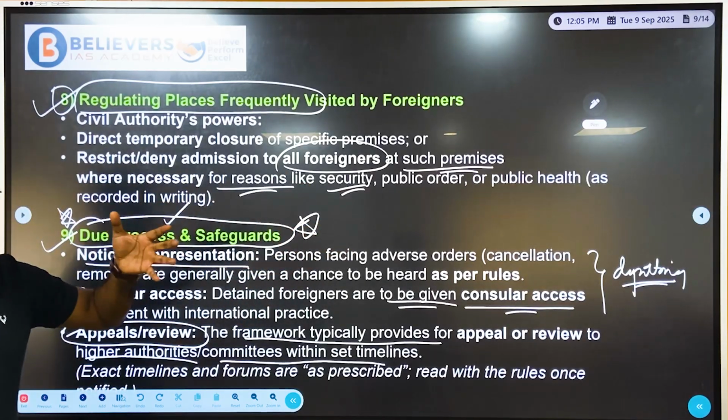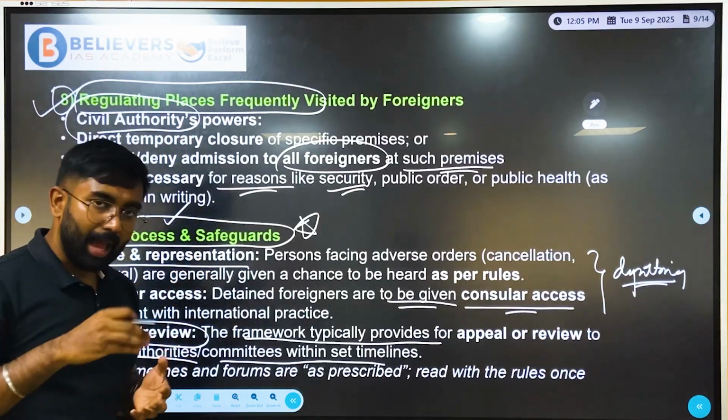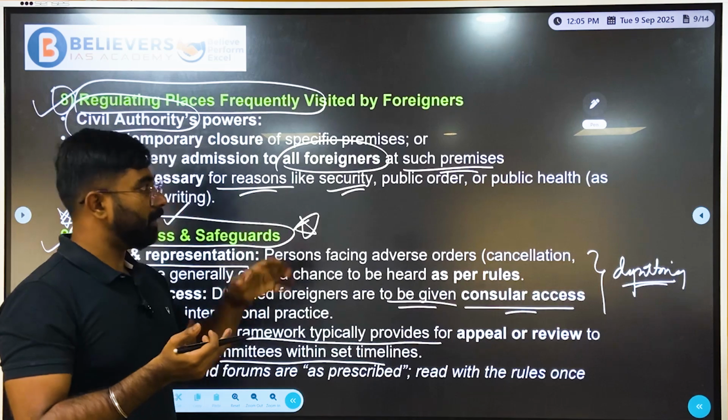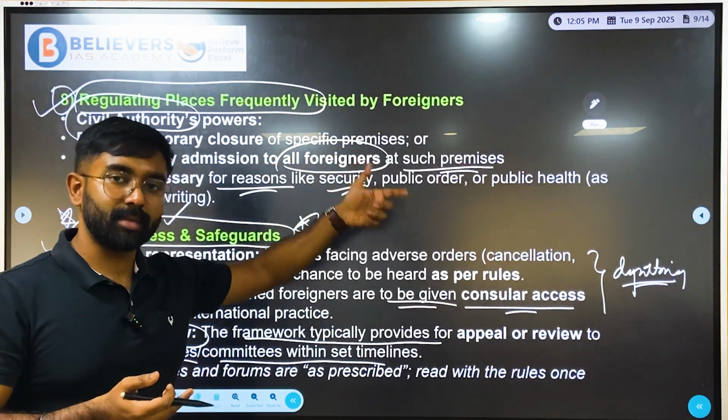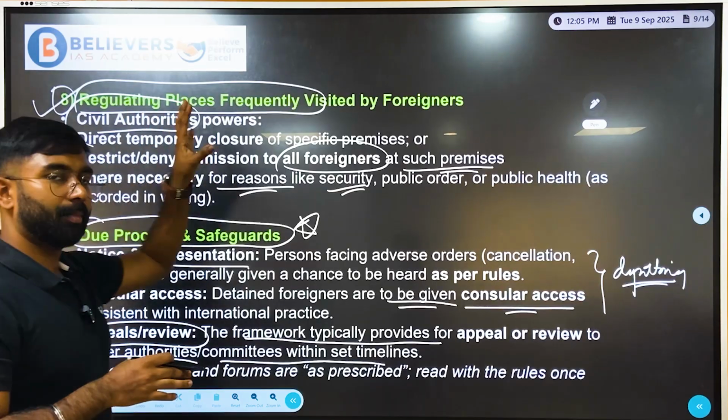On that basis, the civil authority can put a temporary ban or also a permanent ban on foreigners in order to stop them from visiting that particular premises or place. So even this is also another important provision.